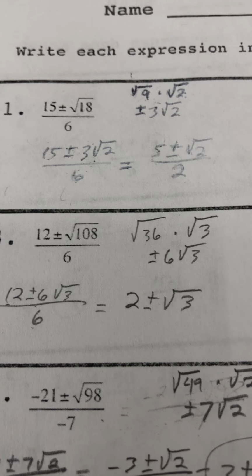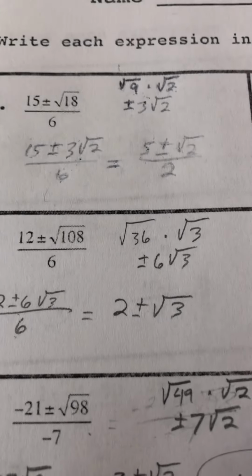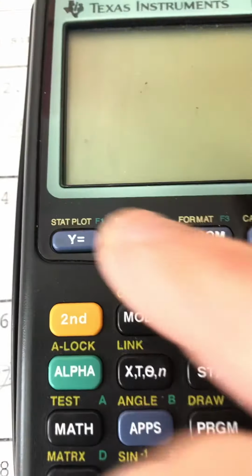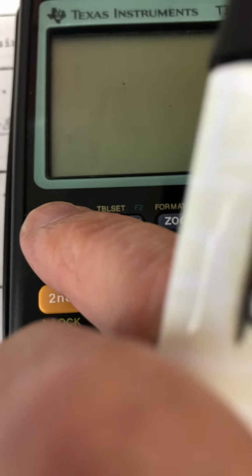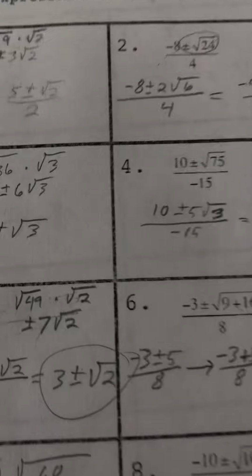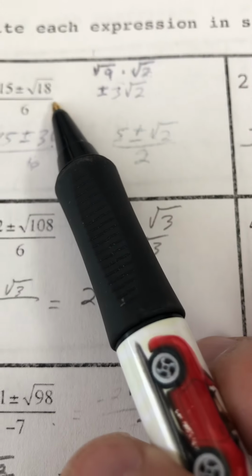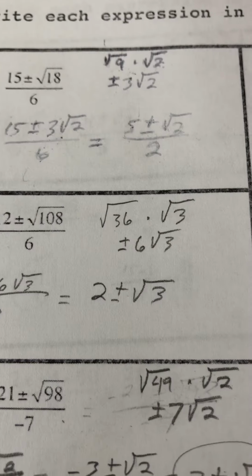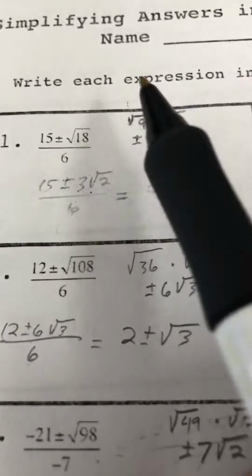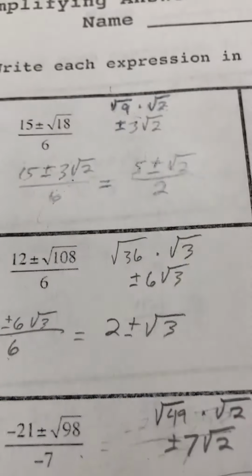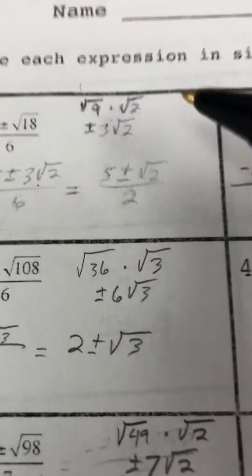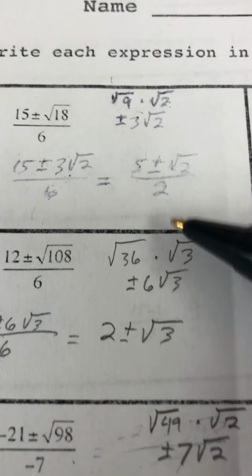On your graphing calculators, and mine, the battery went out on it, but you would hit the Y equals button and type in 18 divided by x, then hit second and table, and you could find all of the factors of 18.